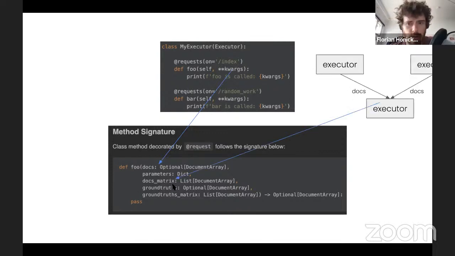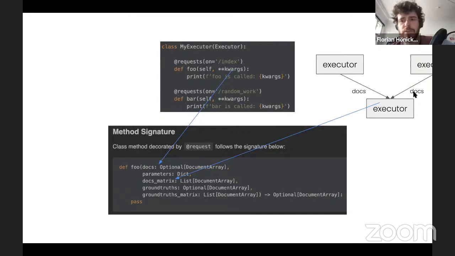To illustrate what that means, okay, it's a bit out of screen, but here's written executor. In this case, where we have two executors sending docs to one executor, then this executor is not just receiving a list of docs, because then you don't know anymore which doc comes from which executor.